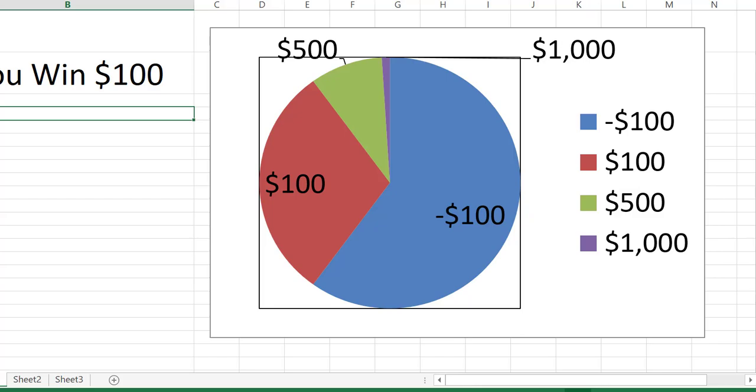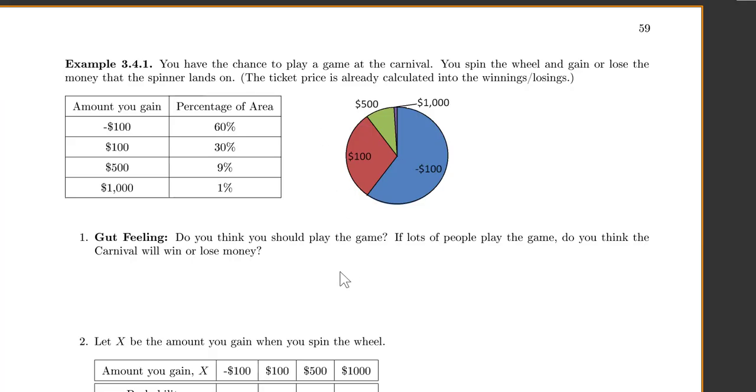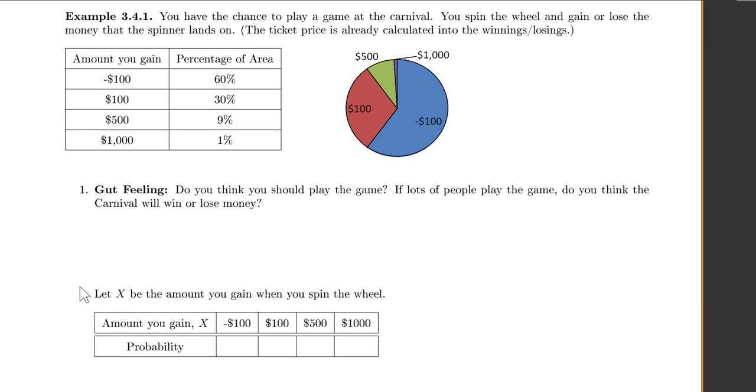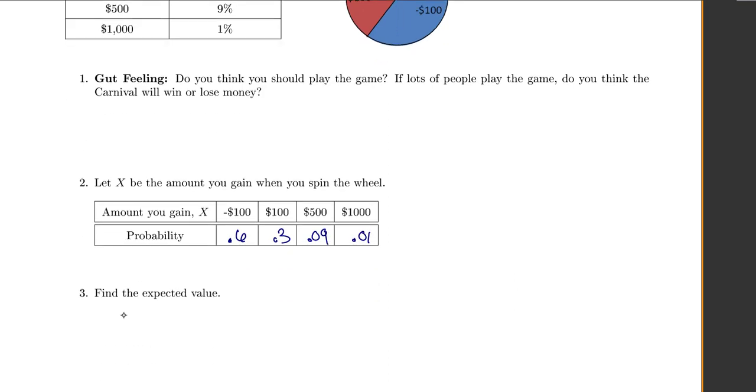So we can go back and actually find our expected value. Let x be the amount we gain when we spin the wheel. The possible values were -100, 100, 500, and 1,000. Let's assign the probabilities. This is just the percentage of area: 0.6, 0.3, 0.09, and 0.01. Now let's find the expected value. The expected value of x is just add up each x value times each probability.